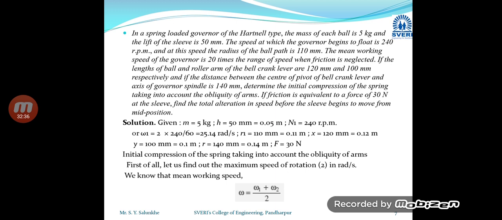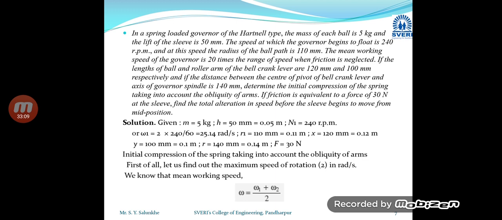Now here in given data, the value of average speed, that is mean speed, is given, and this mean speed, we have seen, is 20 times greater than the range of that speed. So range is nothing but omega 2 minus omega 1, that is maximum speed of rotation minus minimum speed of rotation, that will be the range.